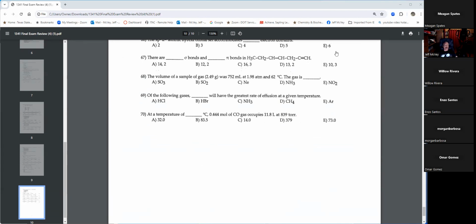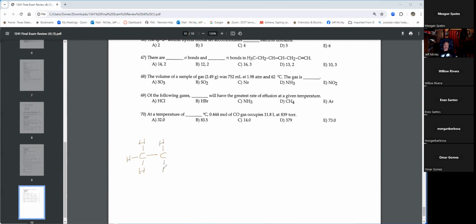So here we're going to just redraw it. We've got CH3. All you got to do, put your carbon like this. This is a tetrahedral carbon, which is singly bonded to CH2.